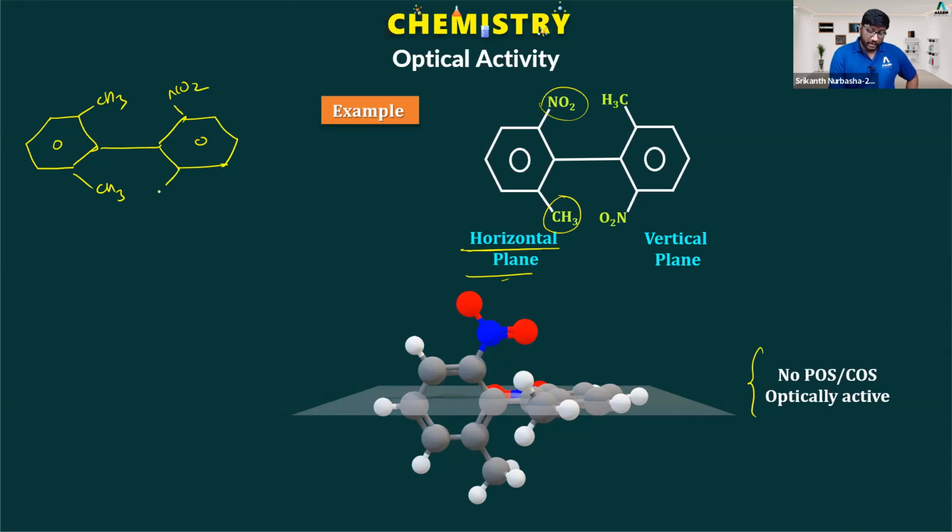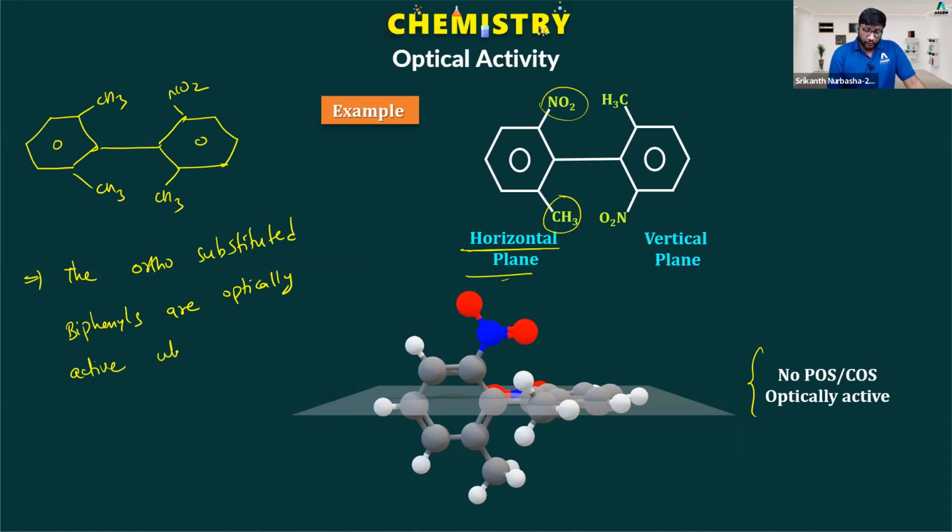NO2, CH3. Okay. The ortho substituted biphenyls are optically active when there is no plane of symmetry.